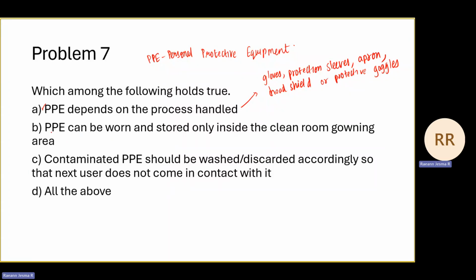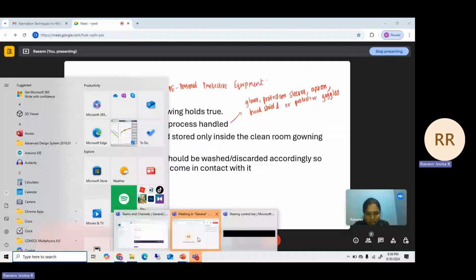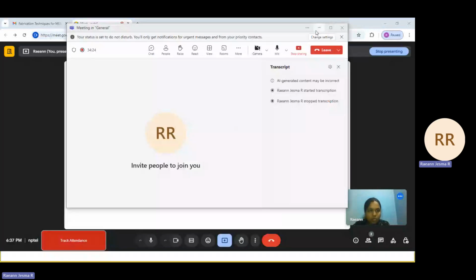In a clean room, the reason that we are wearing PPE is mainly because we want to reduce the generation of particles by the person. So when a person goes inside the clean room, we want to reduce the amount of particles that he is generating.